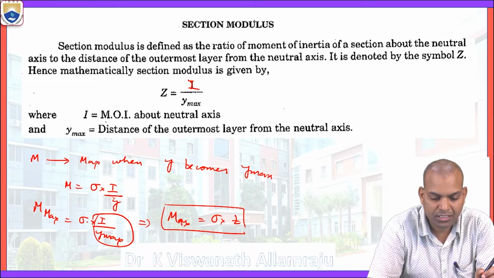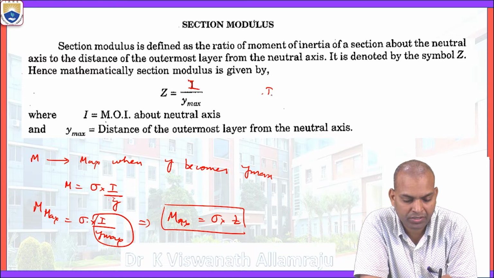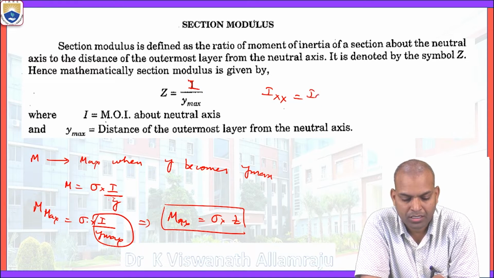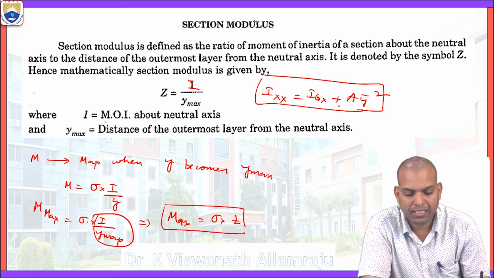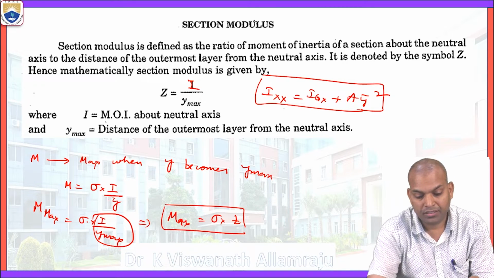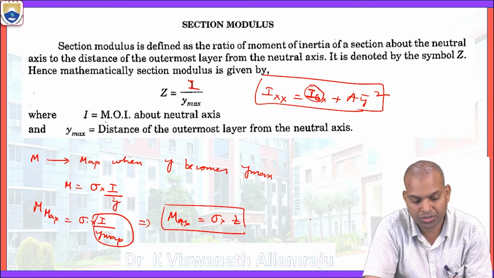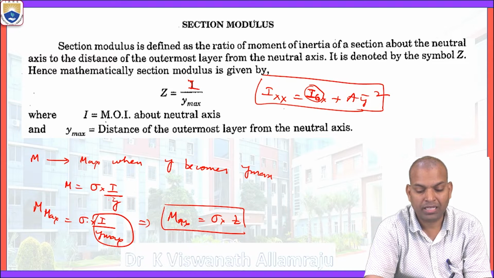This theorem says that Ixx equals Ig plus A y bar square, about some xx axis. Here Ig is the moment of inertia about the neutral axis or centroidal axis.